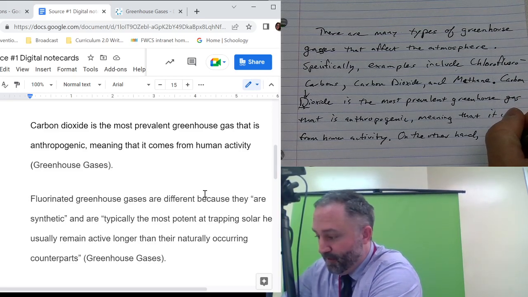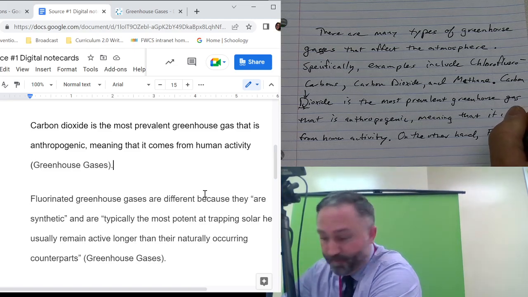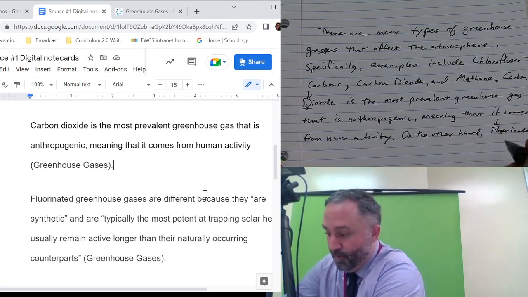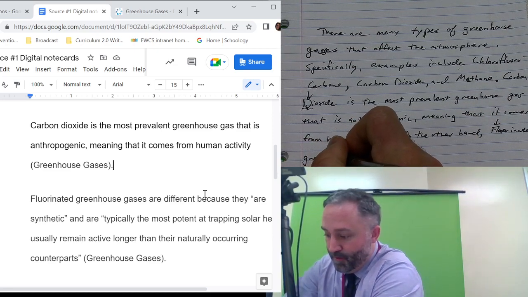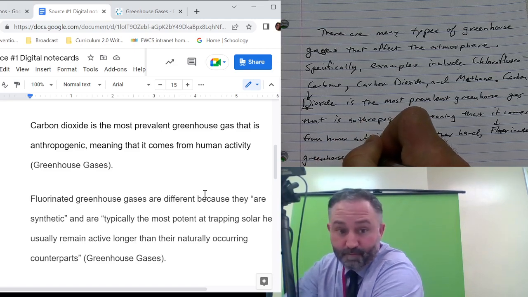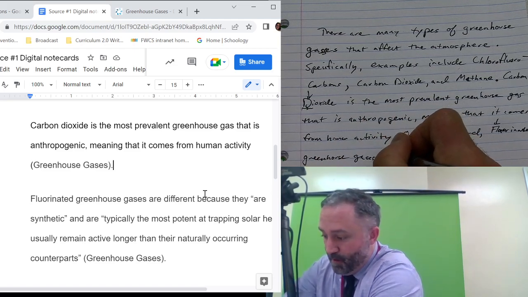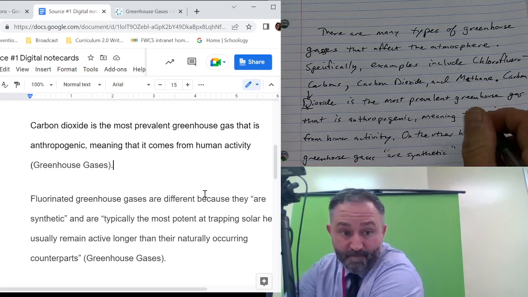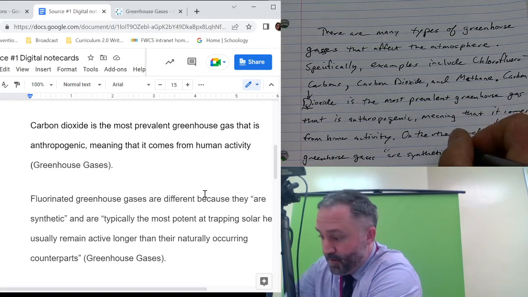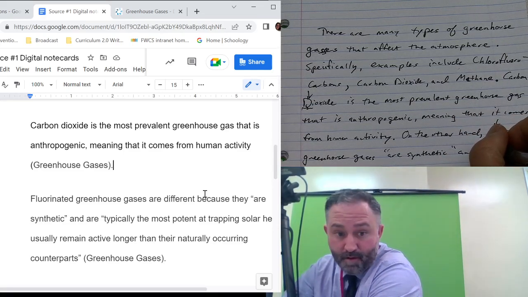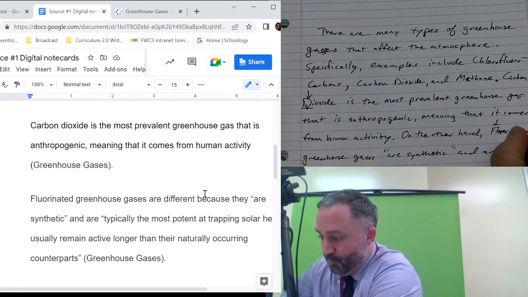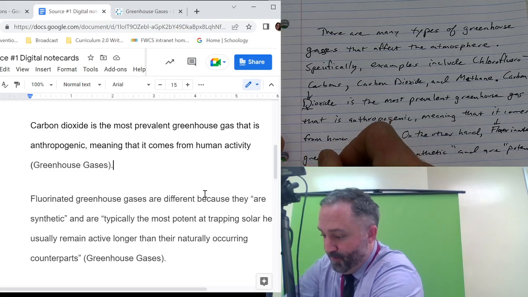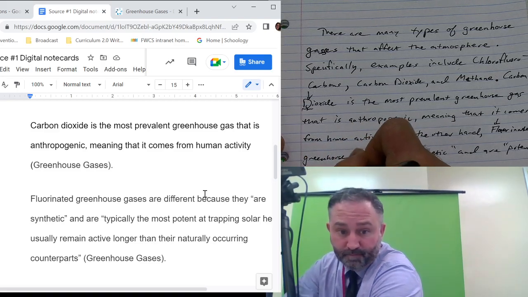Actually, I misspelled it. Fluorinated, and I'm probably going to have to lowercase that. Fluorinated greenhouse gases are synthetic and are potent at trapping solar heat.